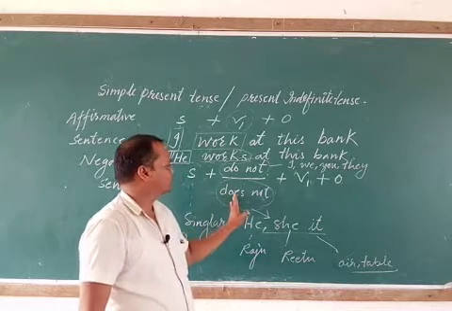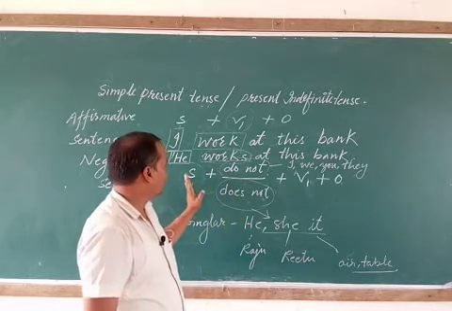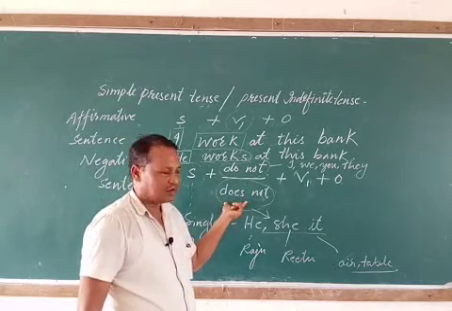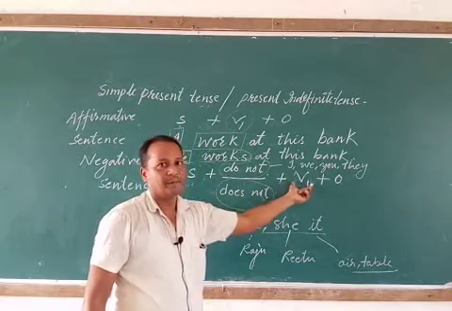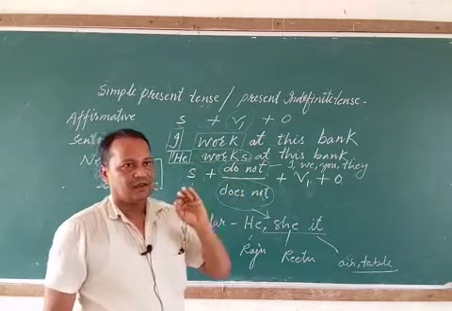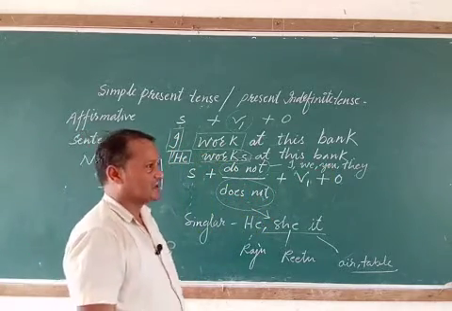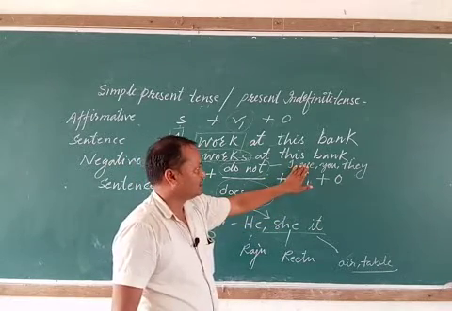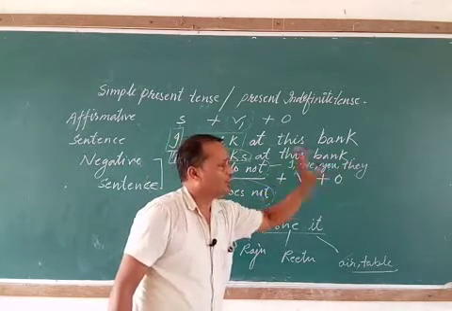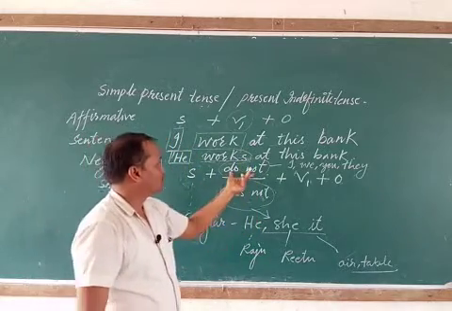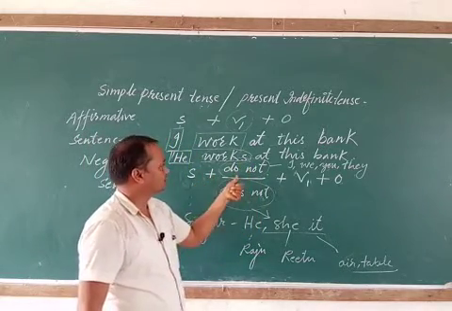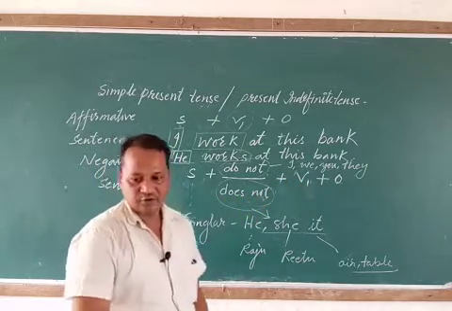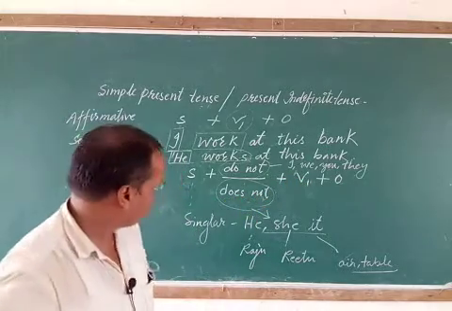After the subject, the order would be subject plus does not plus first form of the verb plus object. And if we have the subject as I, we, you or they, we will use do not after the subject and before the verb. So now I think you have understood.